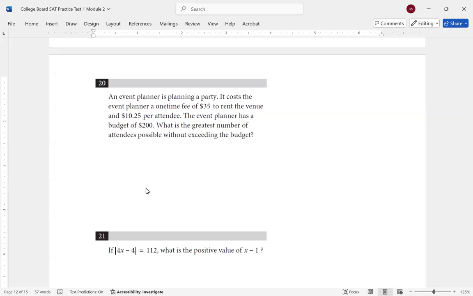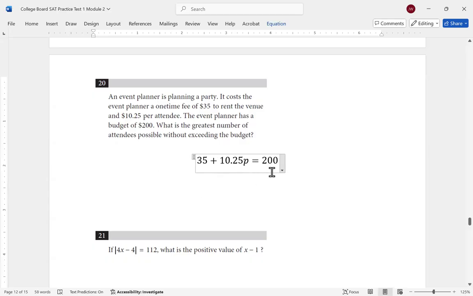Now, the way I do this is I start out by dealing with the cost. The cost is going to be 35 plus $10.25 per guest or per person. So that's how much it's going to cost. And the planner only has a budget of $200.